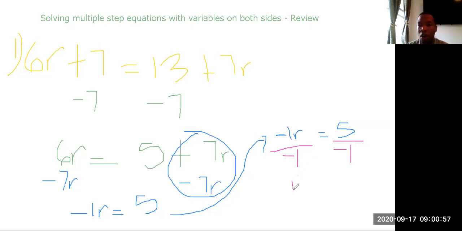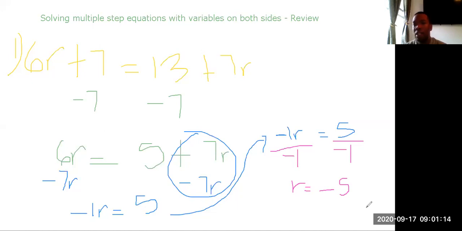So then r is equal to negative 5. Positive divided by a negative number is negative, and 5 divided by 1 is 5. So that's the first question on the worksheet.